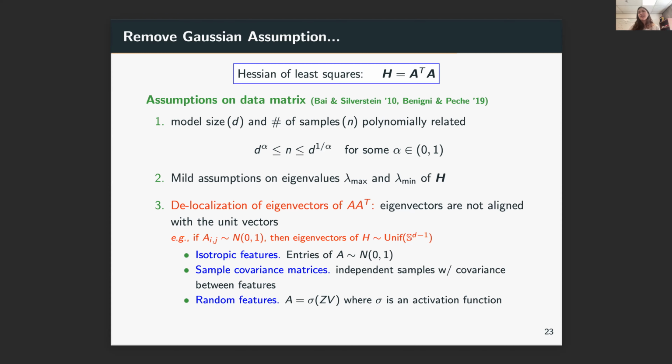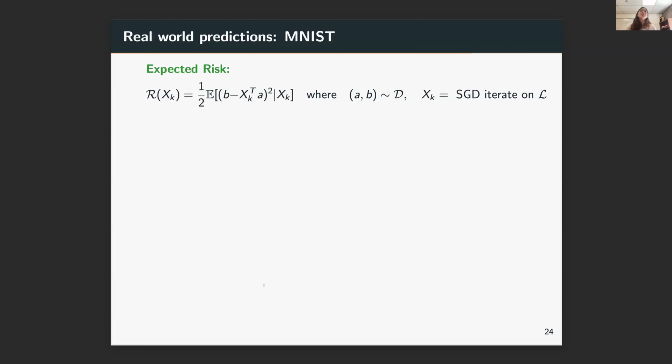This is where you take products of two random matrices and then apply an entry-wise function to those products. You use that as your A, and that also satisfies this. Random features is a mimic of two-layer neural networks. So there are lots of things that satisfy this, and that's actually all you need to get the concentration.